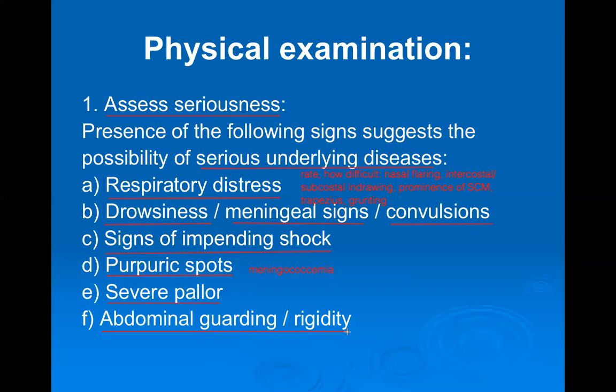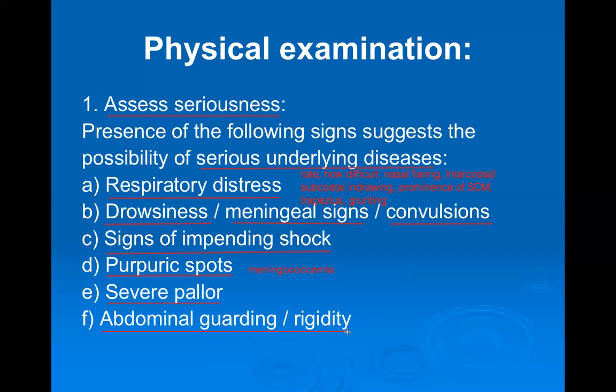Sometimes what happens is that there is a lot of pain. When we give a bit of compression or palpation to the abdominal wall, the patient feels a lot of pain. So because of that, the patient voluntarily contracts the abdominal muscle.